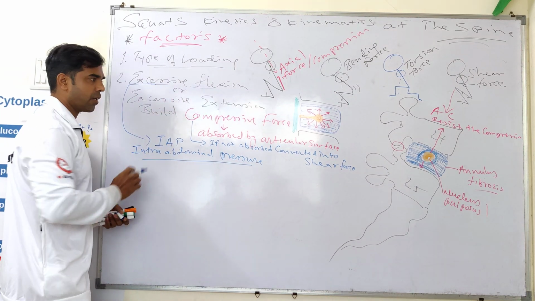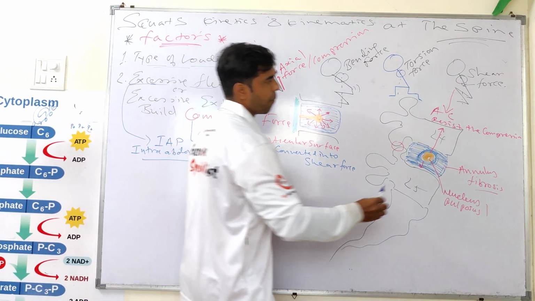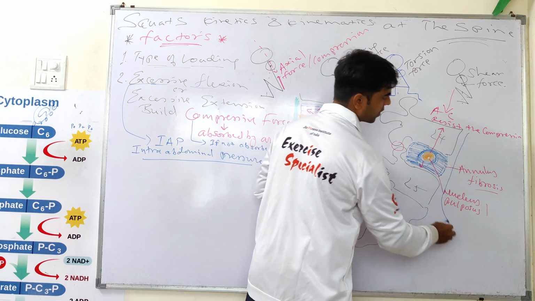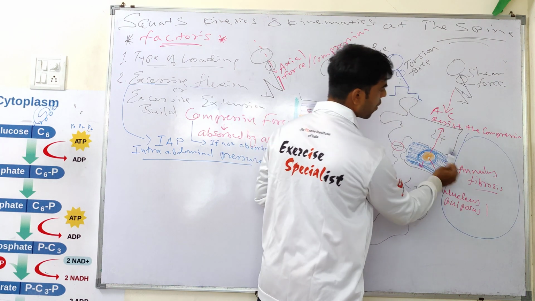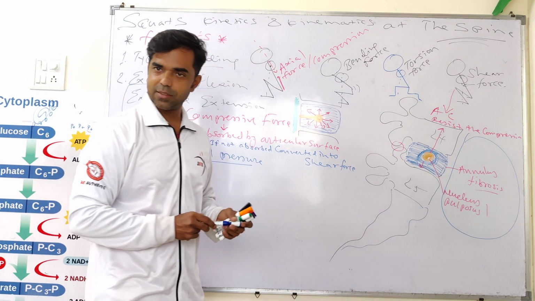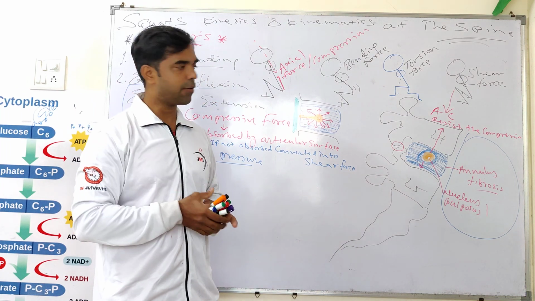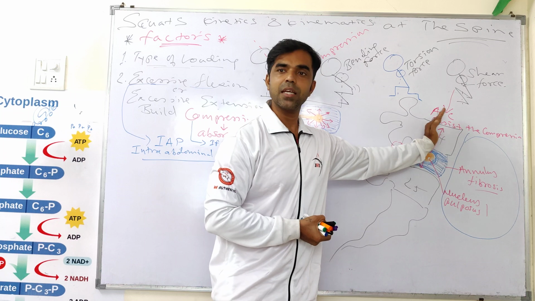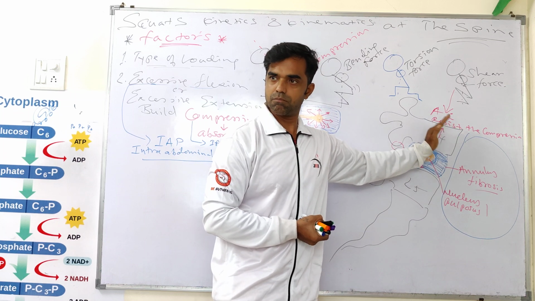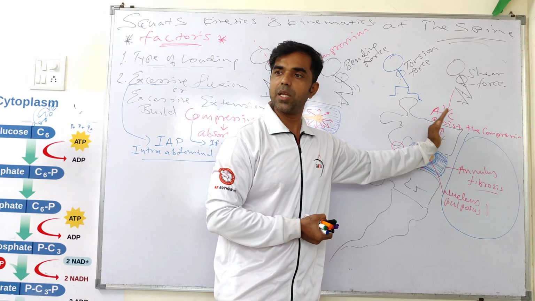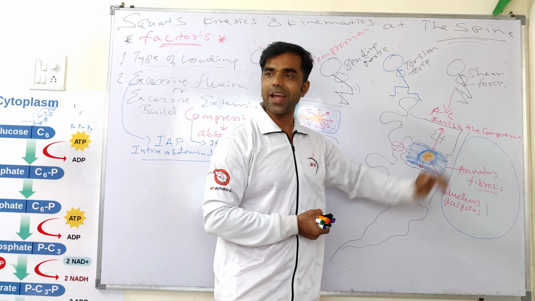This pressure will create a ballooning effect onto the spine, and the spine will not go into flexion. The spine will nicely get rested onto the ballooning effect. It won't go into flexion.